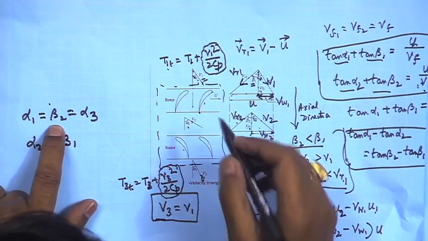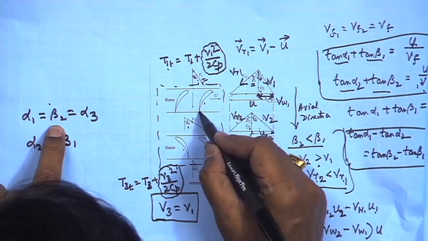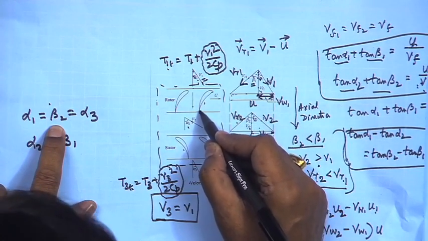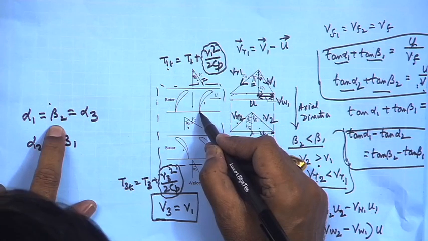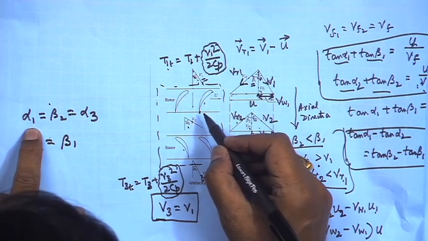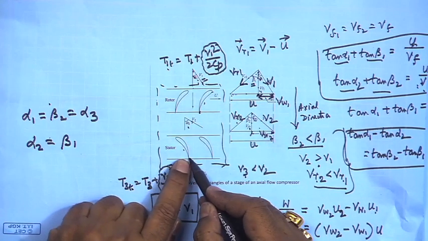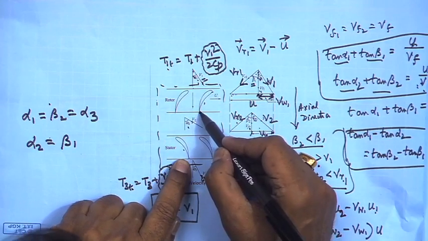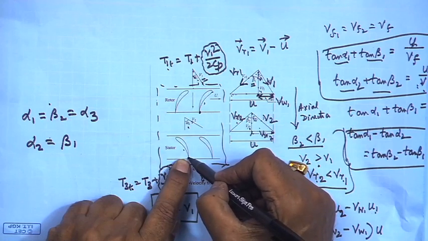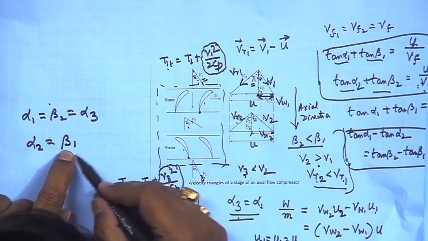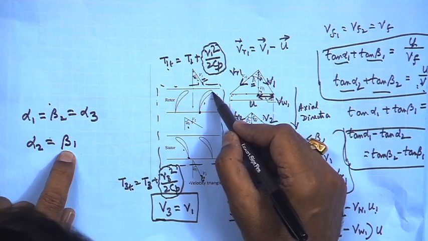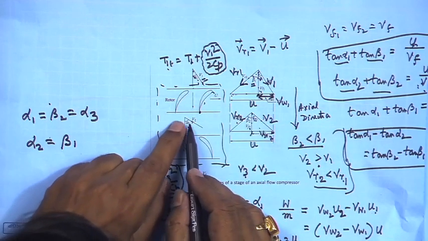Alpha 1 is beta 2, beta 2 is the outlet angle of the rotating blade, the rotor blade, and that becomes equal to alpha 1. What is alpha 1? Alpha 1 is this one, which is alpha 3, that means the outlet angle of the stator blade. That means the outlet angle of the rotor blade equals the outlet angle of the stator blade. Again beta 1 is the inlet angle of the rotor blade, which is equal to alpha 2.